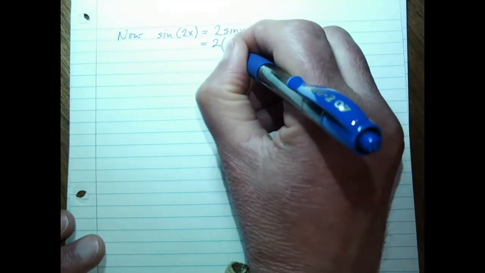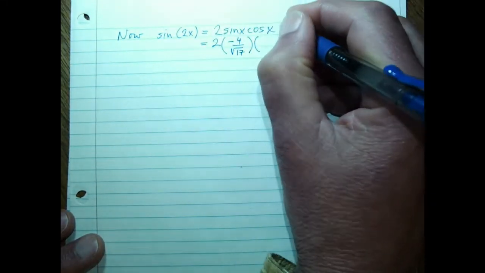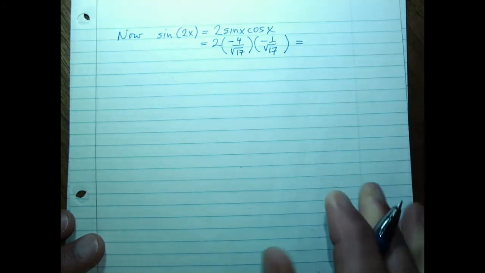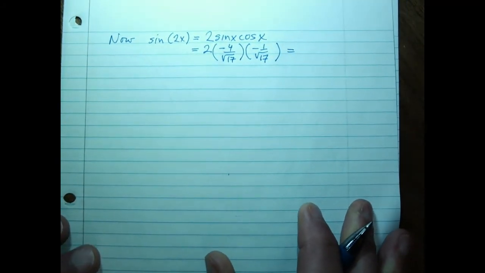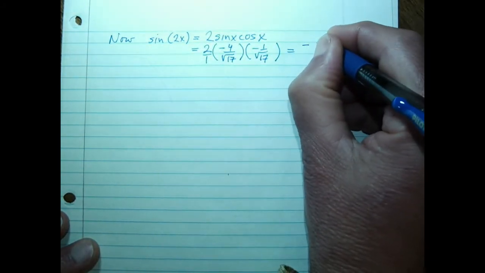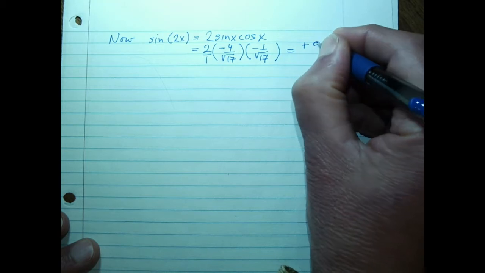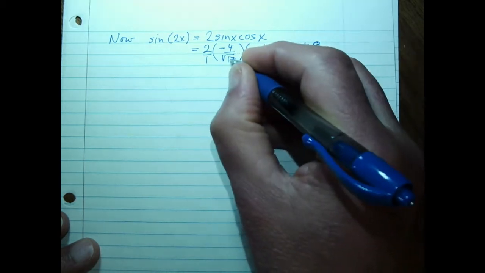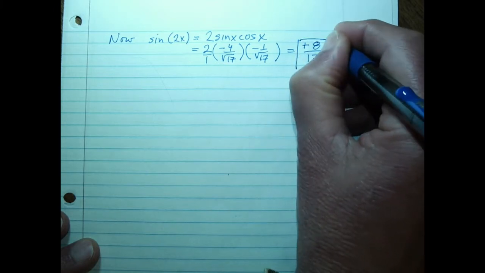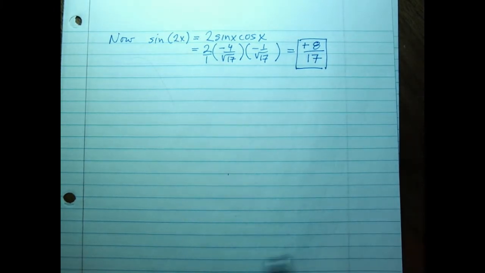Negative 4 over the square root of 17 times negative 1 over the square root of 17. And notice that negative times negative, 2 is like 2 over 1. I get a positive 8 over square root of 17 times square root of 17, which is 17. I get a positive 8 over 17 for sine of 2x.